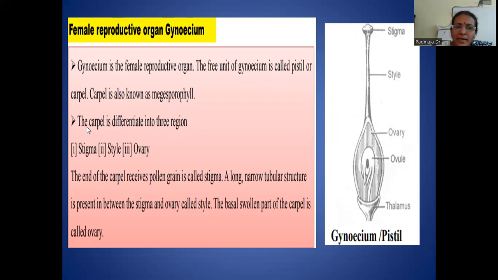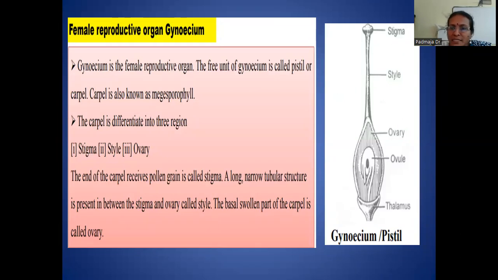And the carpel is differentiated into three regions: style, stigma, and ovary. The end of the carpel that receives pollen grains is called the stigma. And the stigma will be of different shapes in different families or different plants. It may be a hairy-like structure in Fabaceae, or it may be a capitate-like structure, or it may be a sticky-like structure. Different types of stigma formation will be seen.